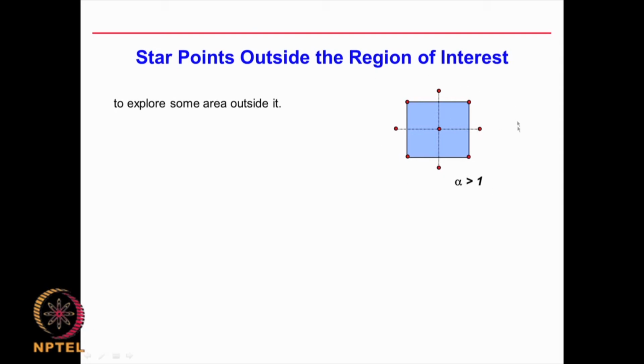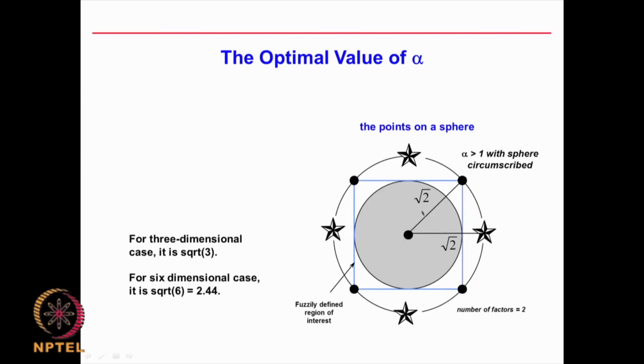So, the experiments here are plus 1, 0, minus 1, plus 1.414, minus 1.414 for each of the parameters, that is what you call alpha. As I said, generally it has been found that the square root of the number of parameters gives you the best optimum results. So, if it is a 3 parameter problem, we will do square root of 3, that is 1.732, if it is a 6 dimension, square root of 6, that is 2.44. So, this is a good number to have for alpha.